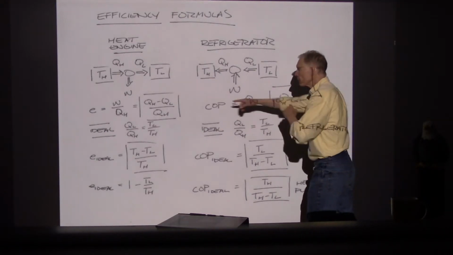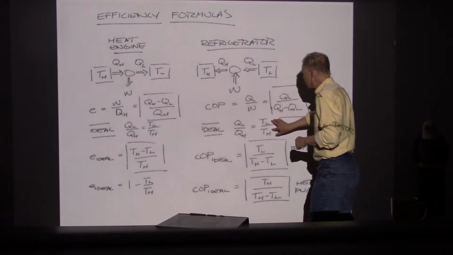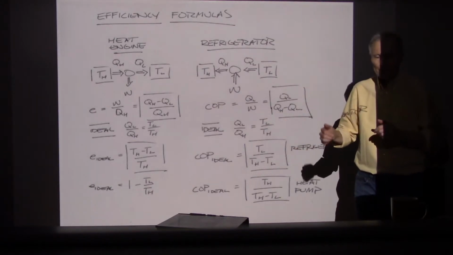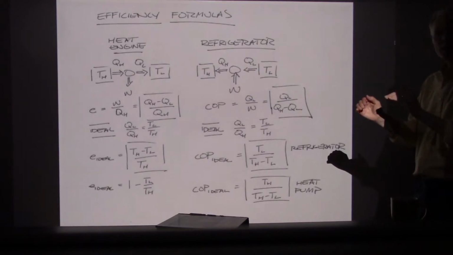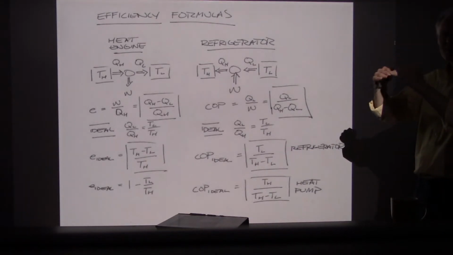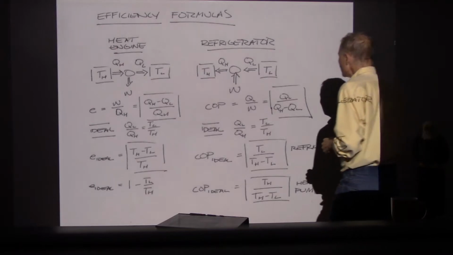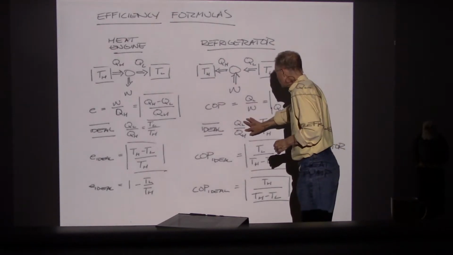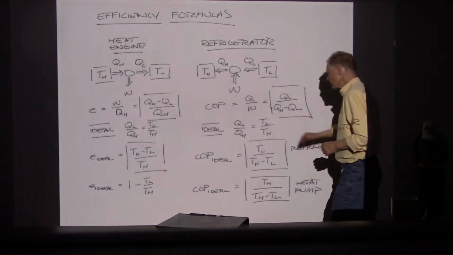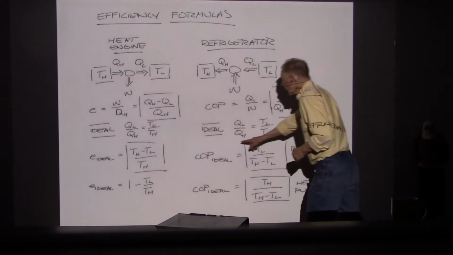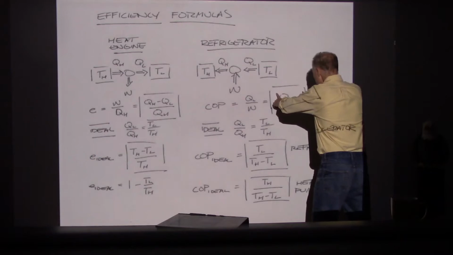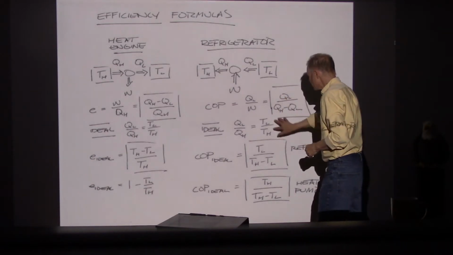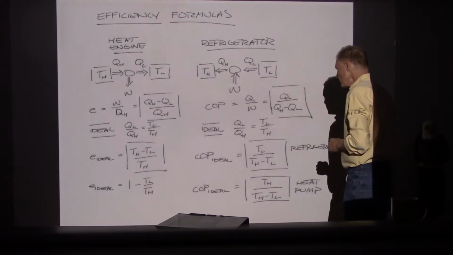Every time we write down this ratio of Q's and ratios of temperatures, that's from the second law of thermodynamics. It's saying that ideally, the entropy just barely stays the same, and that would say ratios of Q's are matching operating temperature ratios. So the ideal formula here comes from taking the Q's and replacing them with the T's, because that's what this ratio is.